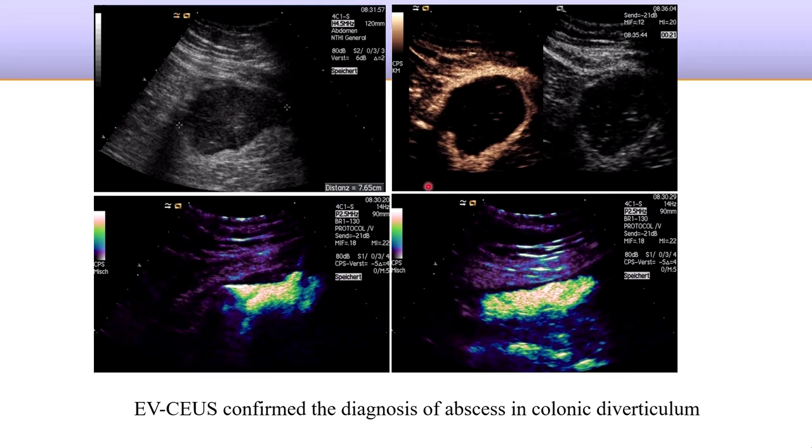Conventional contrast enhanced ultrasound showed the wall of the abscess was incomplete. So we did a drainage and injected the contrast agents in the cavity and found that the contrast agents entered into the colon. So we diagnosed this as a chronic diverticulum abscess.